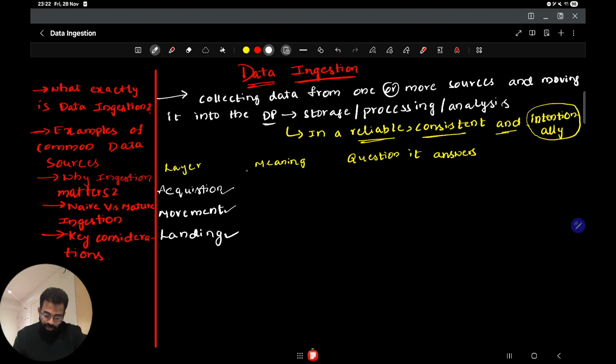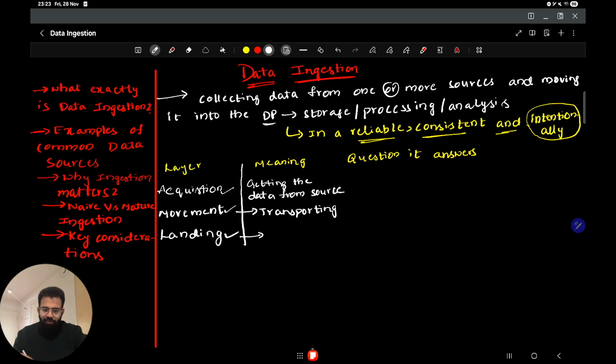Again, if we talk about the meaning of each layer, acquisition is getting the data from source. Movement is transporting the data. And then the final one, landing.